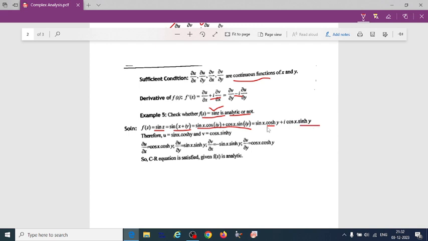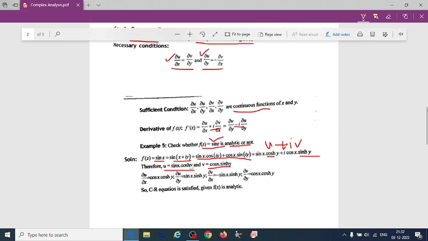So after converting in terms of hyperbolic functions, we have this given function in terms of u plus iv. Okay, so u is equal to sin x cos hy, v is equal to cos x sin hy. Then differentiate these u and v with respect to x and y.